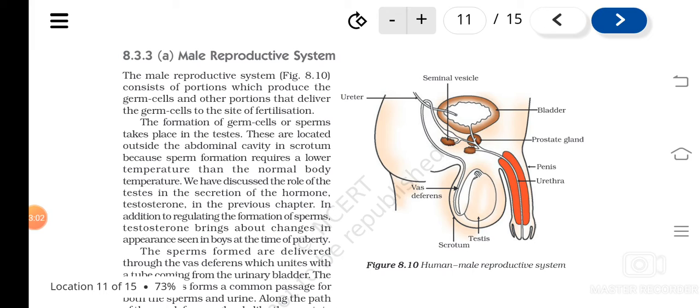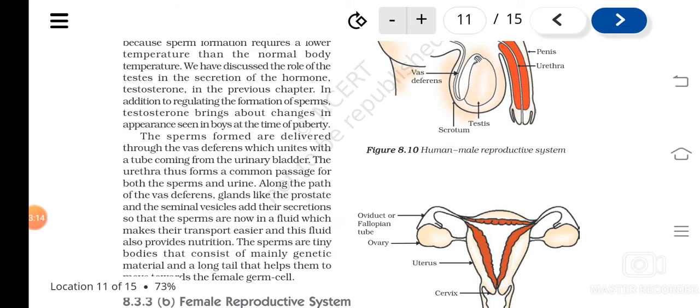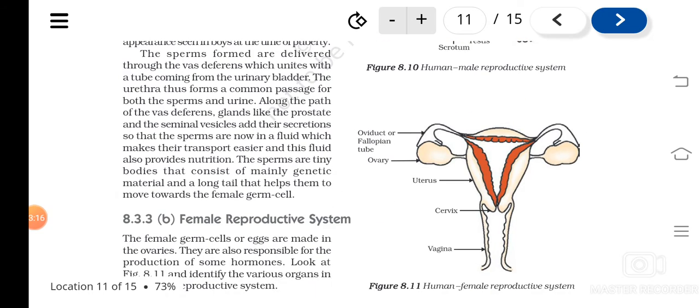So this is about the topic that I wanted to say for your activities. Now can I continue with the other topic? The next topic is the female reproductive system. I hope for the portfolio topic and for the lab manual there won't be any confusion.